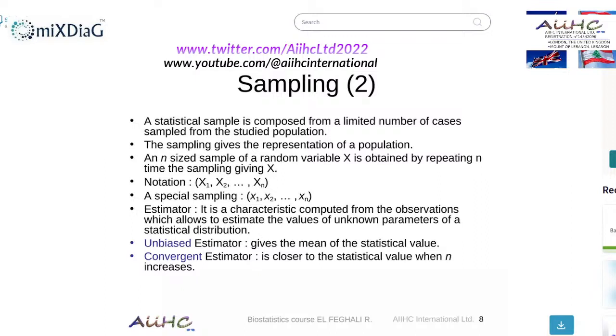And more, in fact, if you have 50,000 cops, for example, whose behavior and violence we are studying, here you have a convergent estimator because the size of your sample is getting closer to the size of the population. So you are converging toward an unbiased estimator.